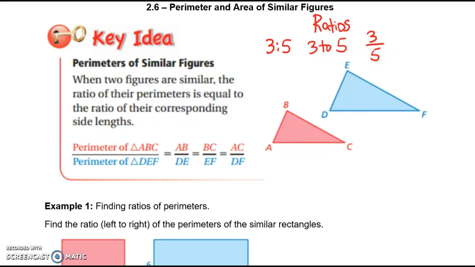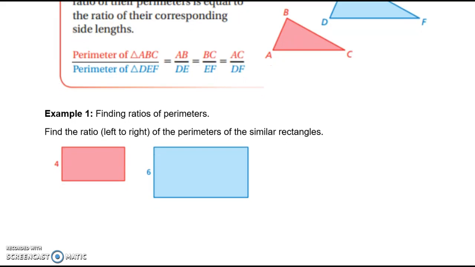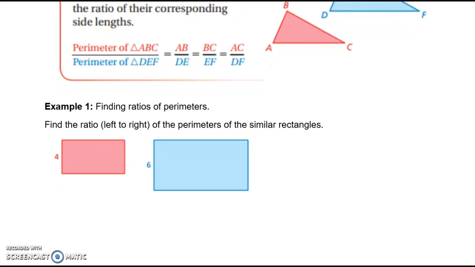So basically it says, on example 1, find the ratio left to right perimeters of the similar rectangles. So labels, always labels. I should do something like the perimeter of the left over the perimeter of the right equals the perimeter of the left, and then we can just use one of the side lengths.